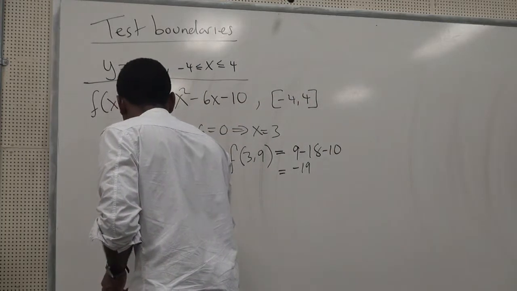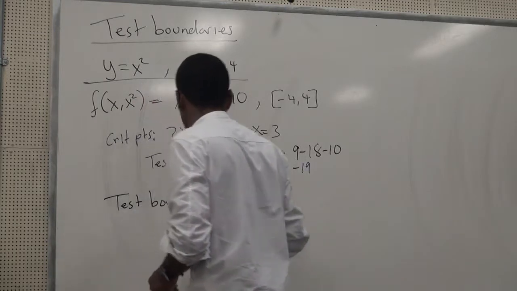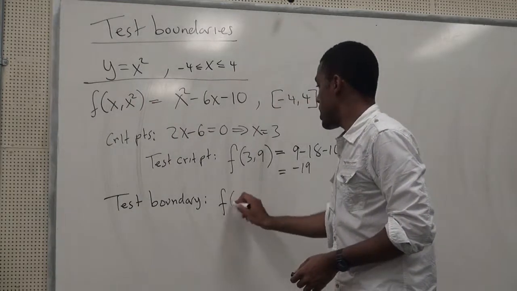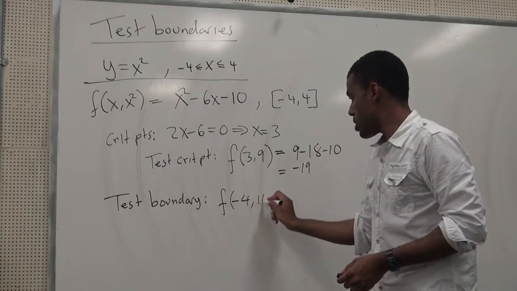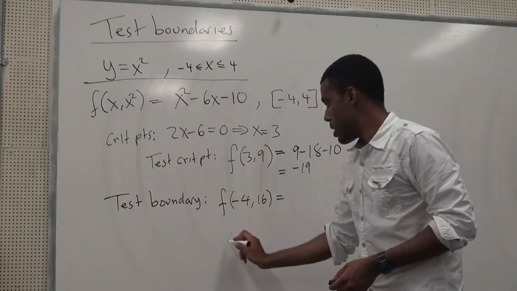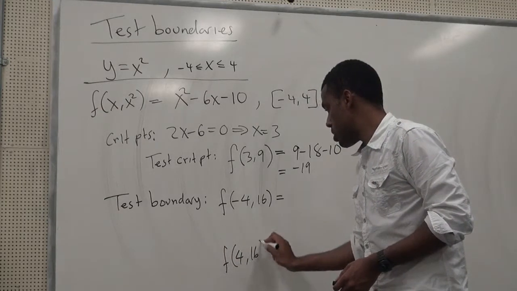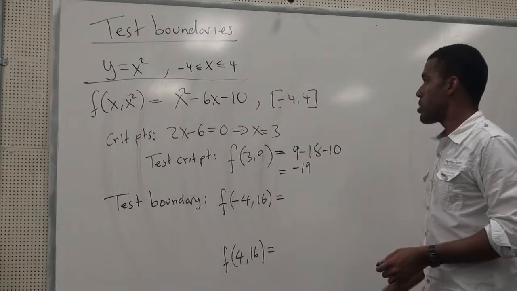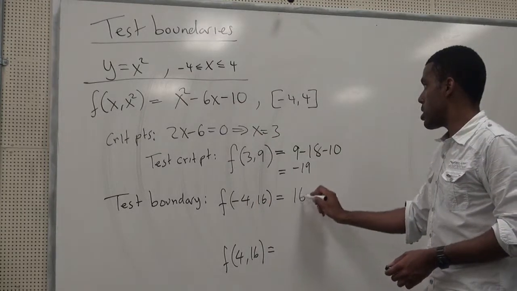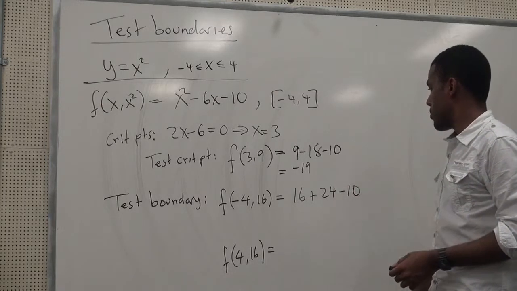Test boundaries. Now the boundary is going to be when x is minus 4. So it's going to be minus 4 comma 16. And then I'm going to test f at positive 4 comma 16. So if I go here and plug in x equals minus 4, what do I get? I get 16 plus 6 plus 24 minus 10.